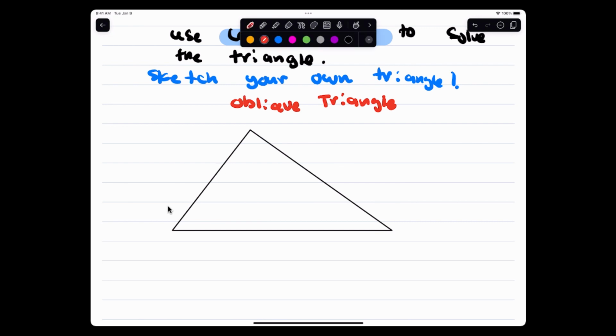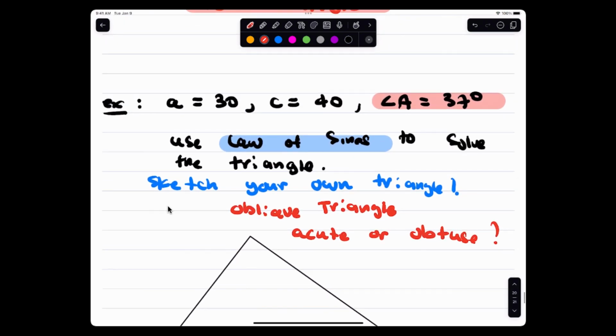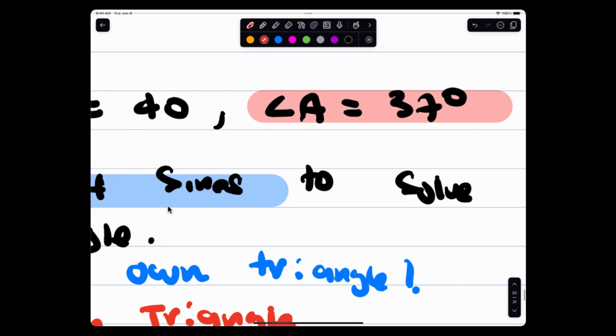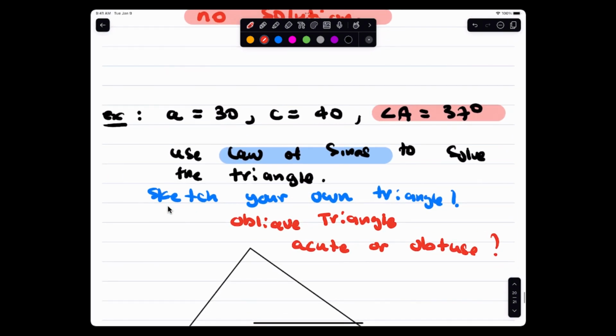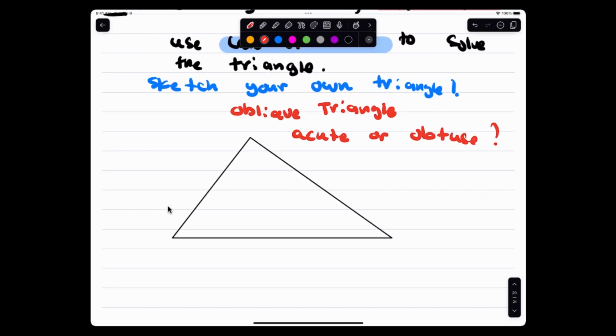It can either be acute or obtuse. We don't know. What's an acute triangle? Where all three angles are less than 90. What's an obtuse triangle? When you have one angle that's greater than 90 degrees. So because they gave me a 37 degrees, which is less than 90, I just drew sort of an acute triangle situation. Okay? So I'm going to put this angle anywhere I want. Where do you guys want to put that angle?